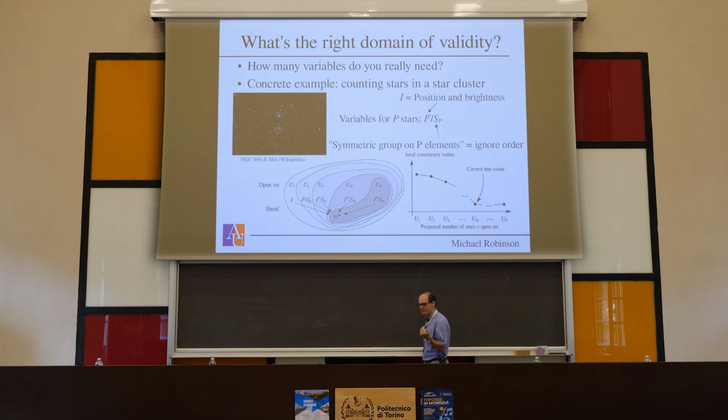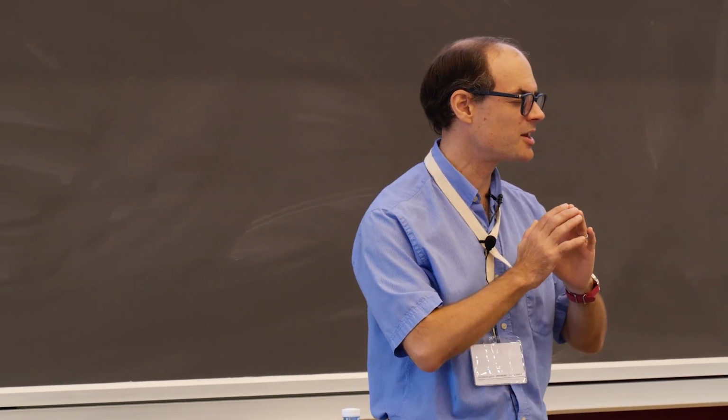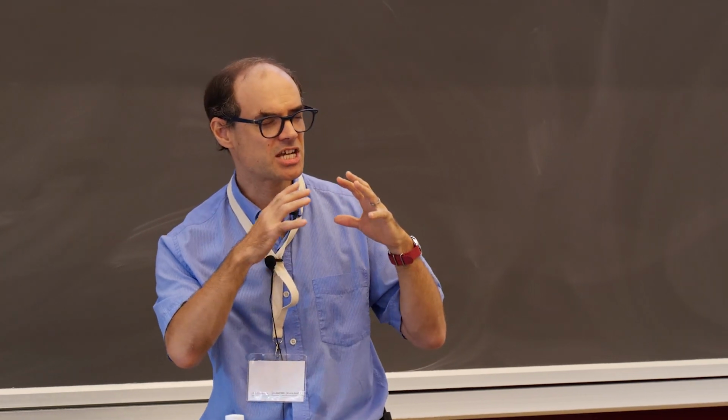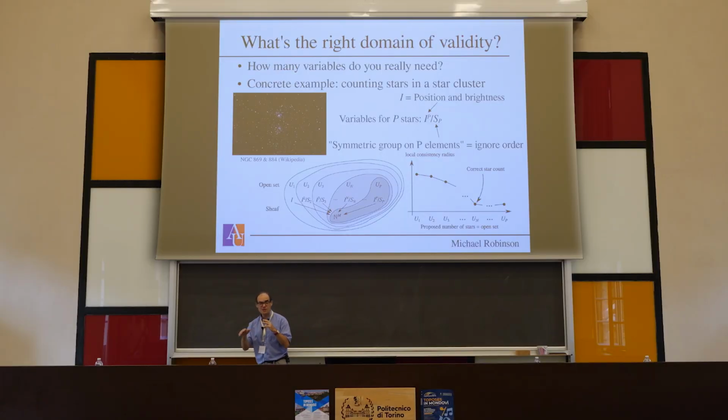But if it's fairly dim, or you take a picture of it, you have a number of pixels. Well, you say, how do I count the number of stars? Well, you want to find the bright pixels, I guess. But that doesn't quite work, because what if you have a star that's kind of large? It takes up more than one pixel. Counting the bright pixels doesn't work exactly. Maybe you want to find the local maxima of pixels.